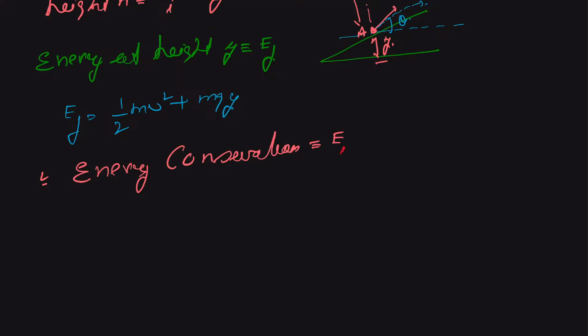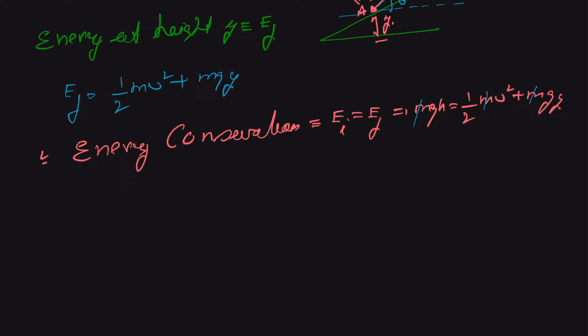So we get E initial is equal to E final, which tells us mgh is equal to half m v square plus mgy, and the mass we can just throw out. From here we can find out our velocity v. Okay, and we can say that our velocity v will be equal to the square root of 2g times (h minus y).